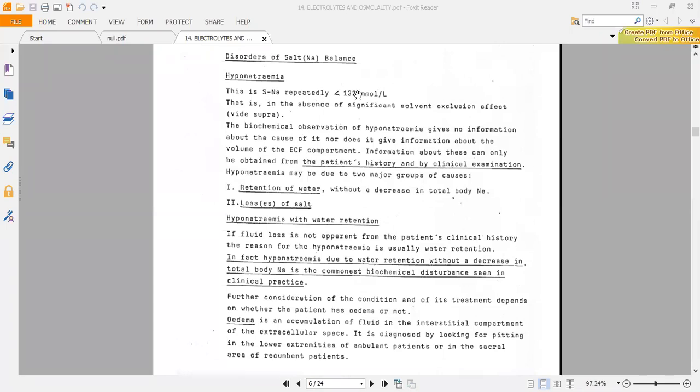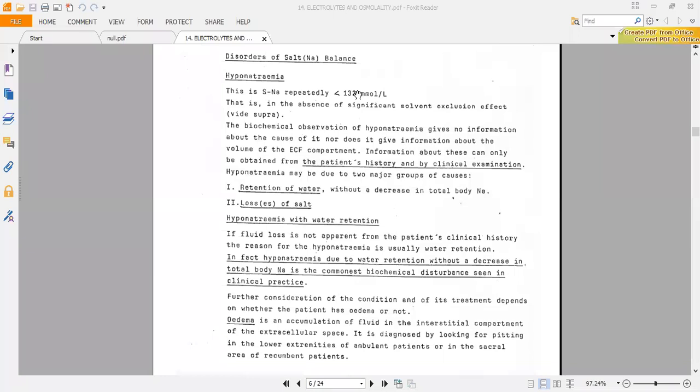Okay, and yesterday I emphasized that if someone comes with low sodium, okay, you have to repeat the sodium again and then rule out the solvent exclusion effect that we talked about yesterday. Okay. Now, there could be two reasons why the person's sodium levels are low.